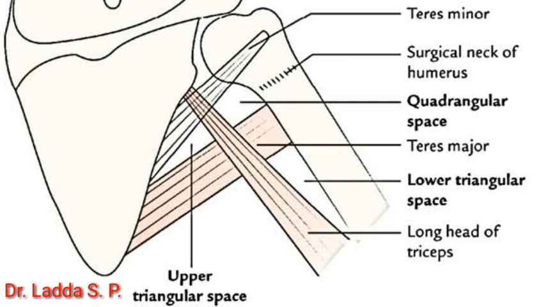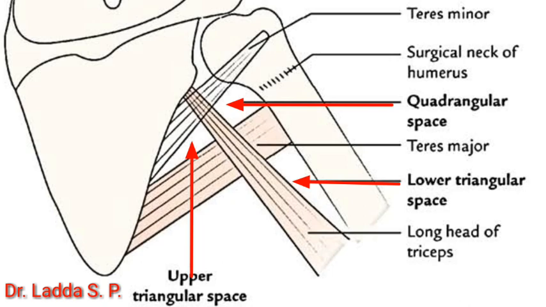If you look carefully, between teres minor, teres major, and the long head there are two spaces: one is the quadrangular space and the second is the upper triangular space. Again at the lower part, there is a space between teres major and the triceps. No doubt the bone humerus plays a role there.